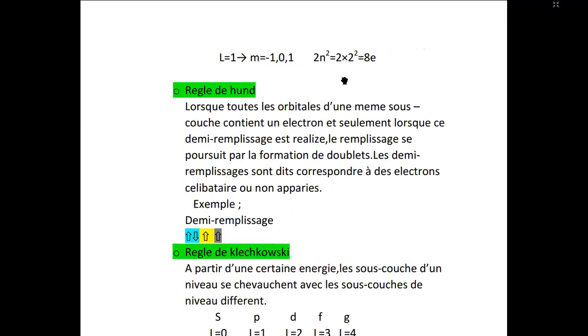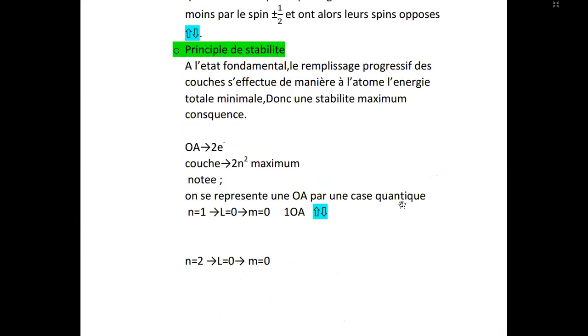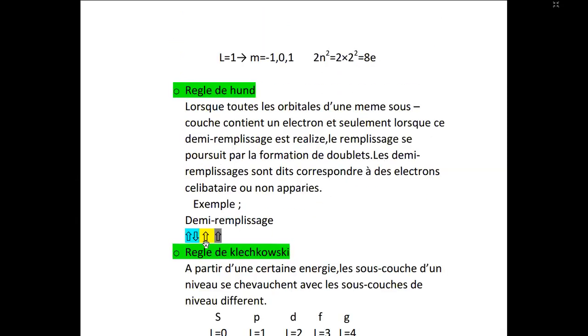They mean when you are filling an orbital, for example, an s orbital, we know that it has one room, so it will be just up and down.